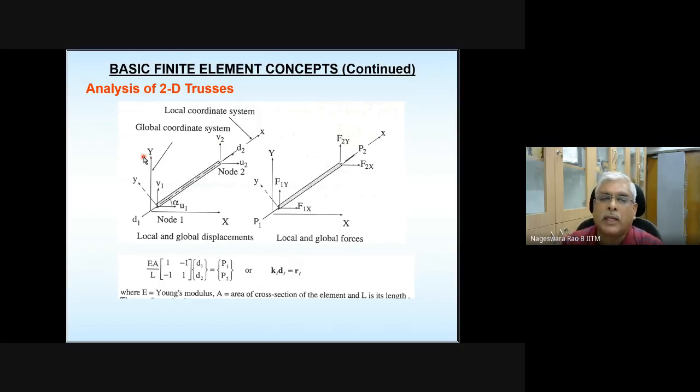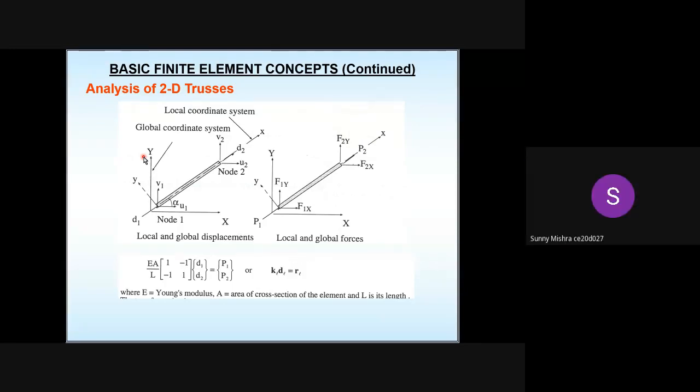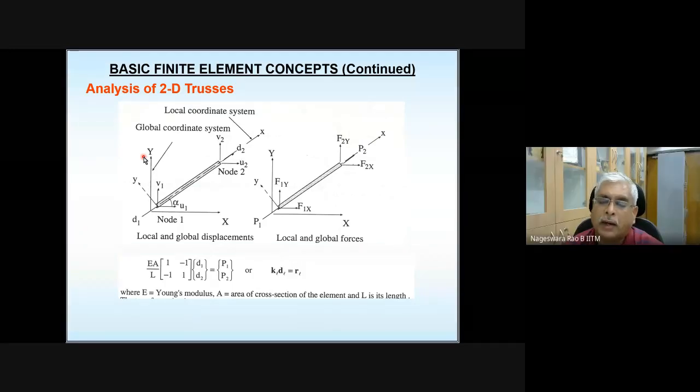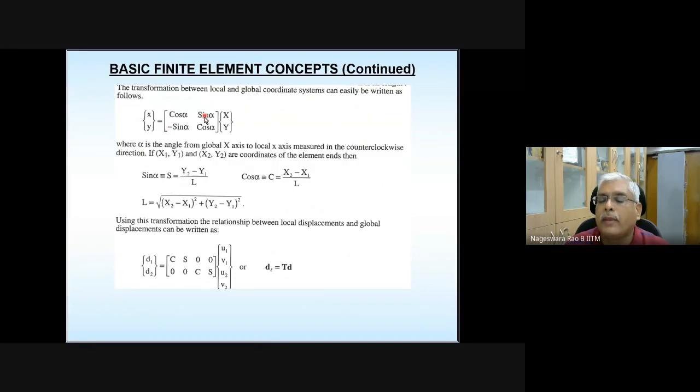One of you please tell me. 90 minus alpha. Now, the cosine of 90 minus alpha is nothing but sine alpha.